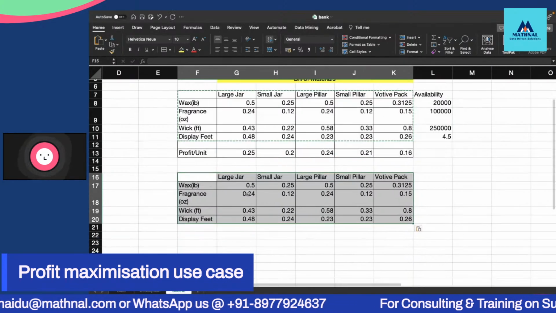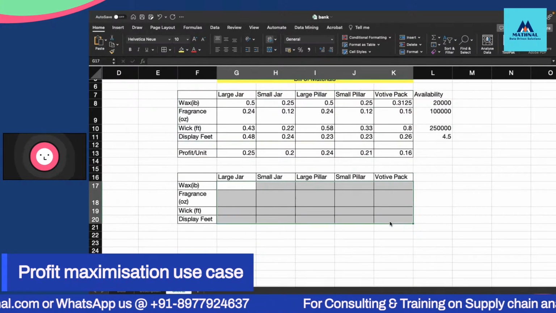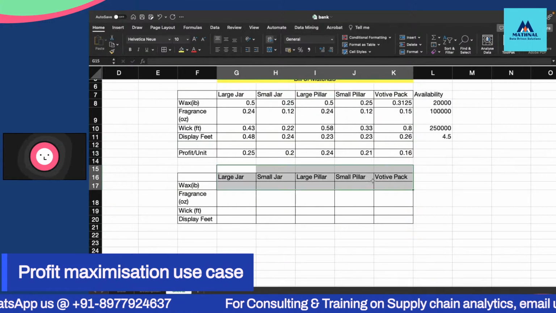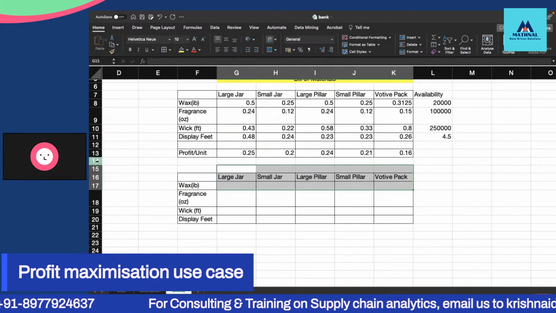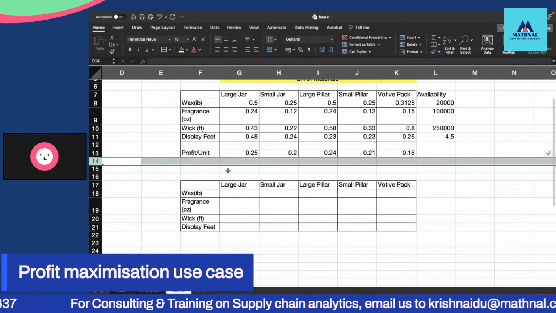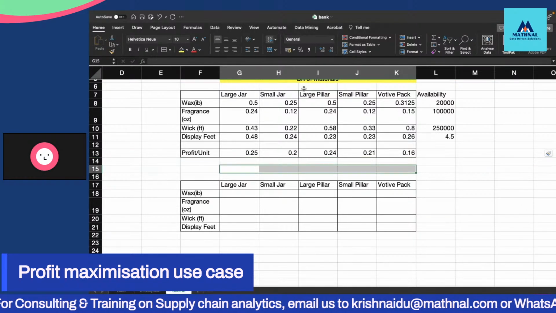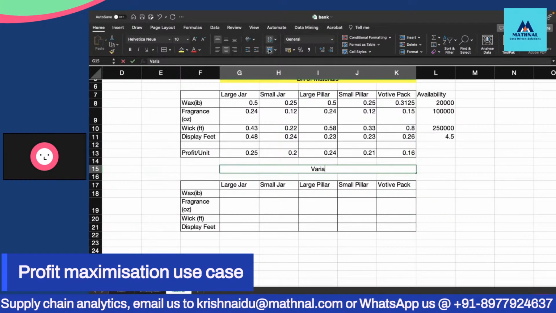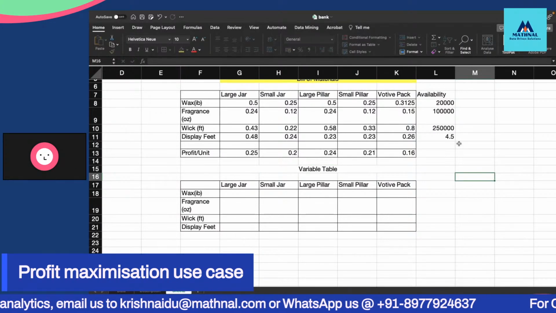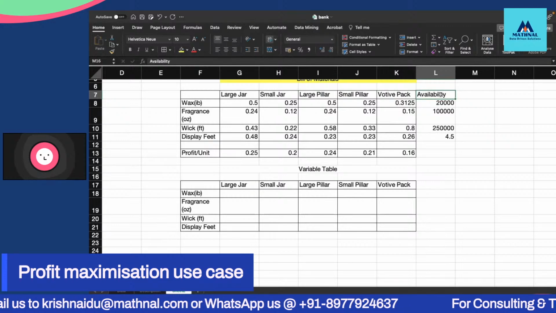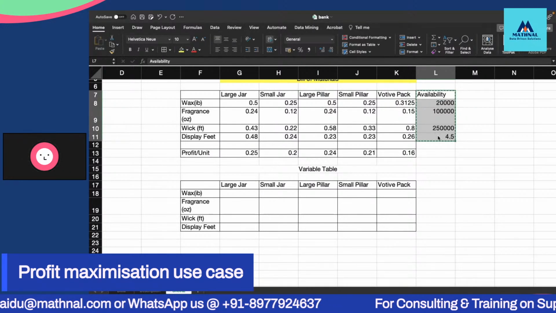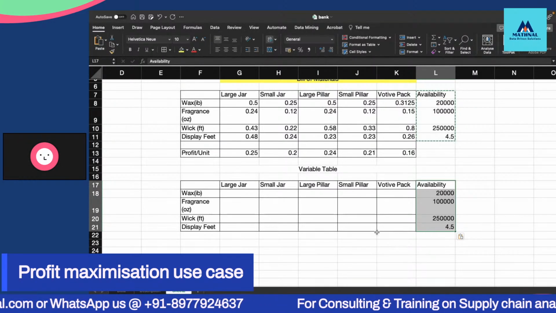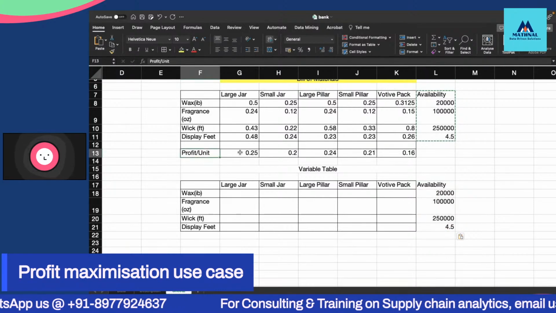In this table, I'm going to remove everything from here. This is our variable table. I'm going to take this availability from here to here. We also have our profit units.